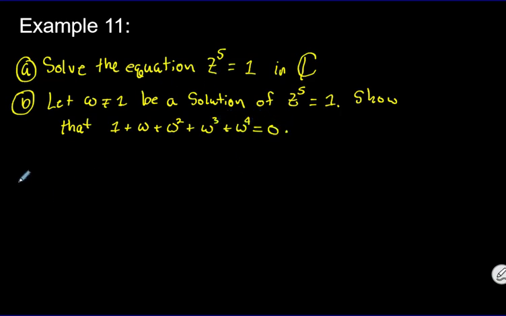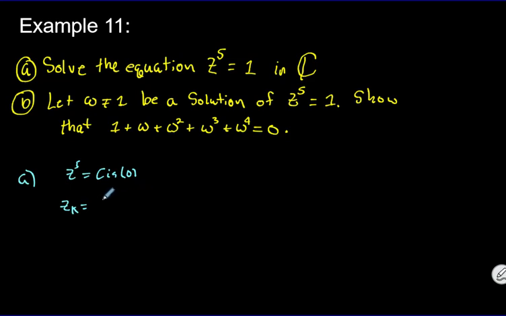So first we'll start with A. It wants us to solve the equation z to the fifth equals 1 in complex numbers. Well, if z to the fifth equals 1, this is the same as cis 0 degrees, that's the equivalent to 1, right?